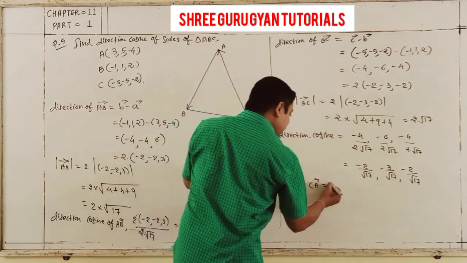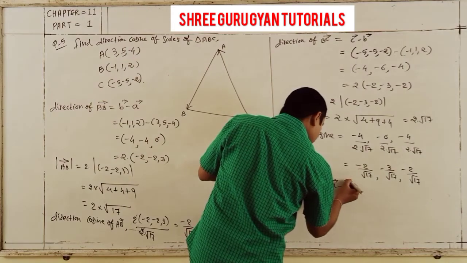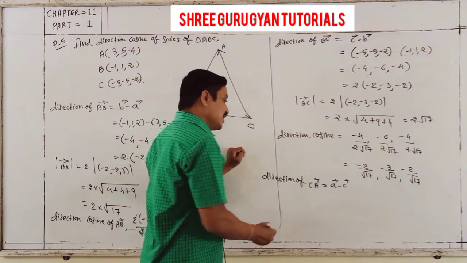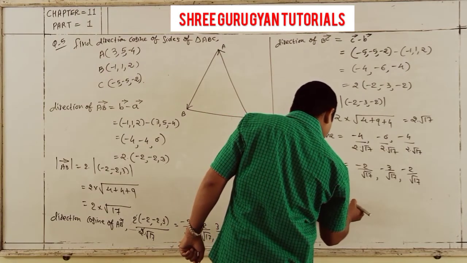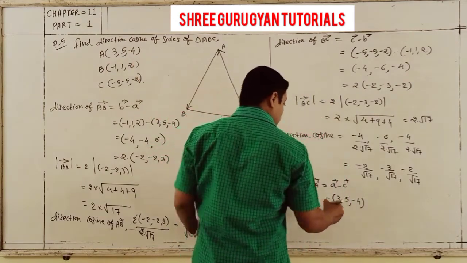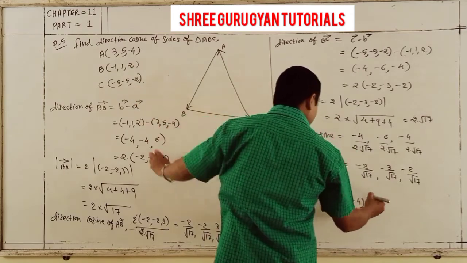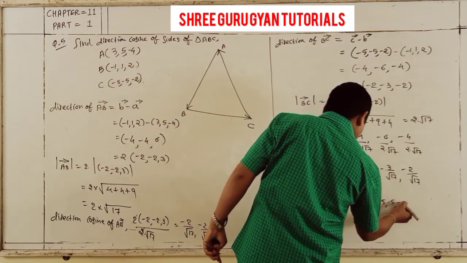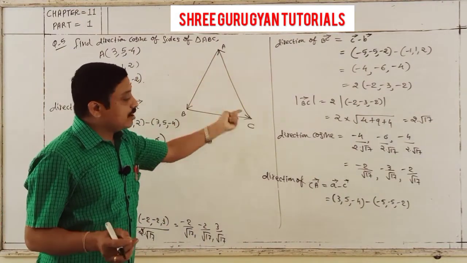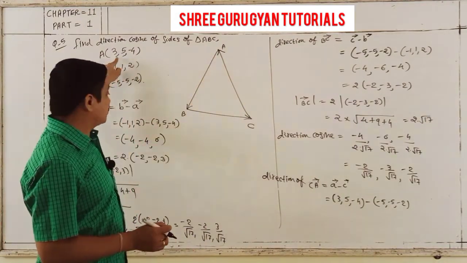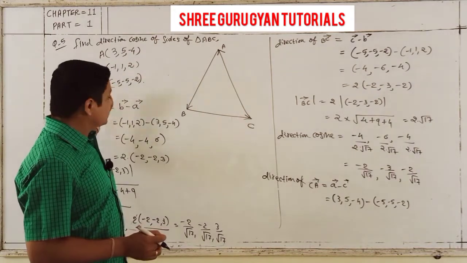It means, students, A position minus C position. A known you. How much A? 3, 5, minus 4. And C also, students, here known: minus 5, minus 5 and minus 2. Similarly written in C to A minus C. Yes, A known that 3, 5, minus 4, minus 5, minus 5, minus 2.